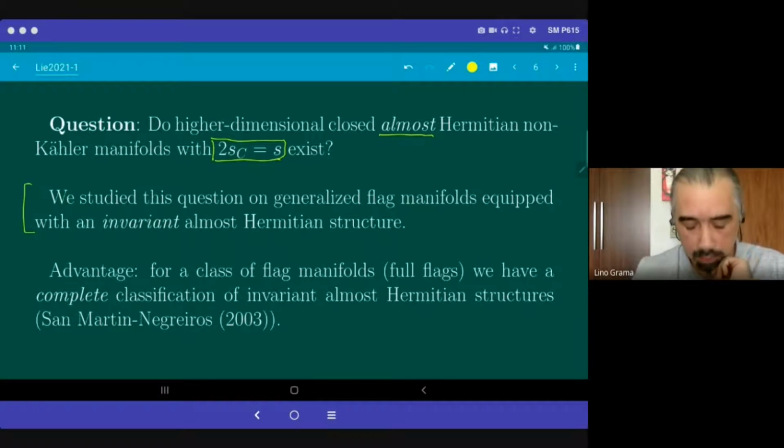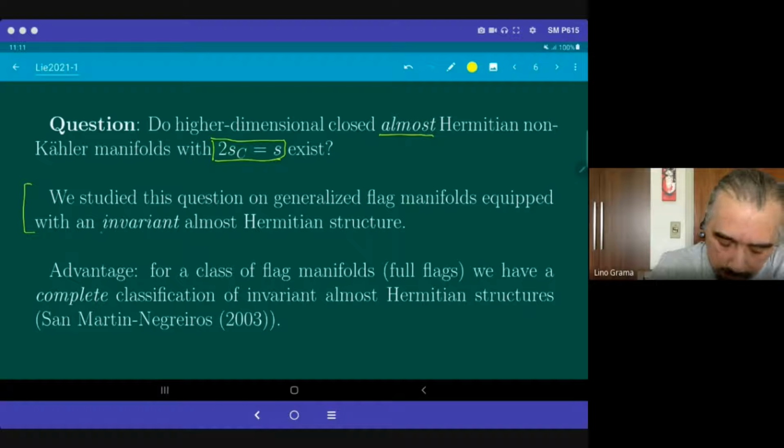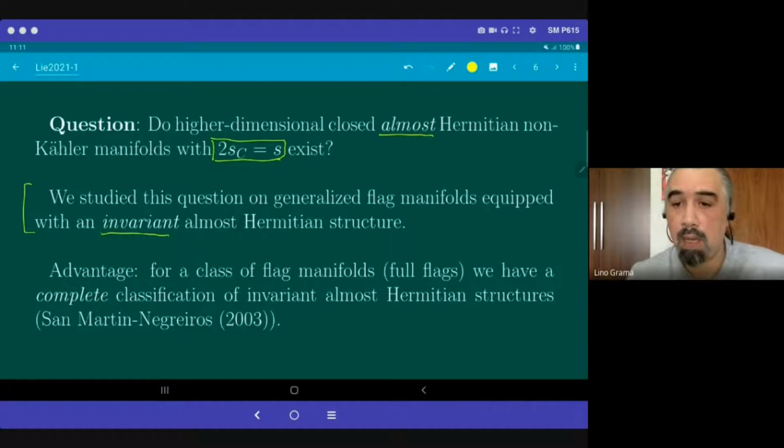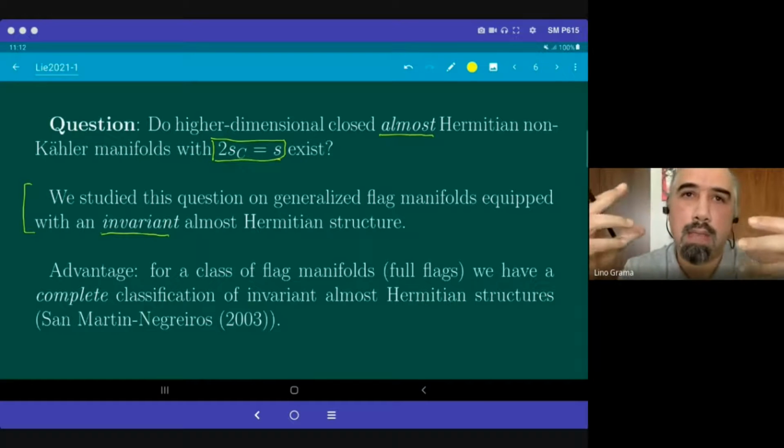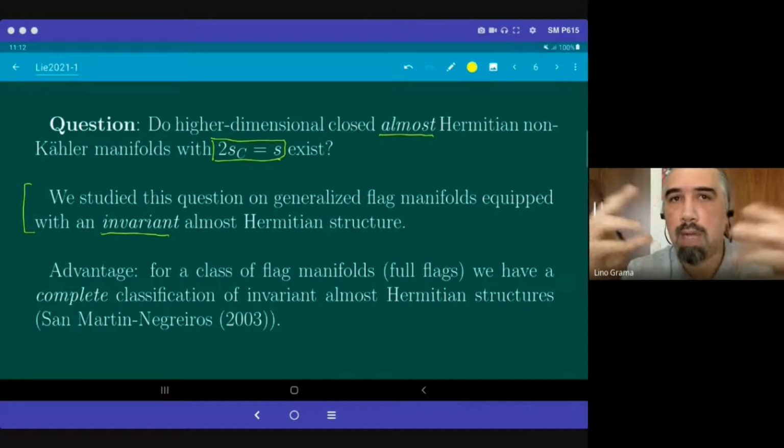We make a study of this. We study this question for a class of generalized flag manifolds. Okay, and we keep this manifold, this homogeneous space, with the invariant almost Hermitian structure. Okay, and this is done in several situations, like for instance, Einstein metric, scalar Einstein metric.